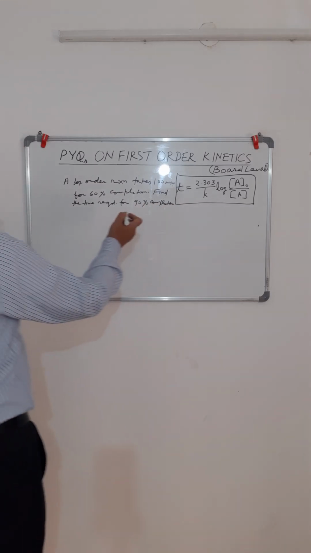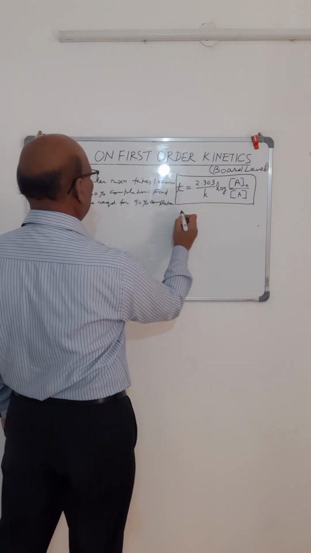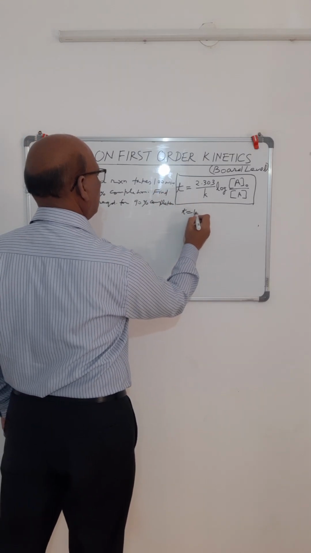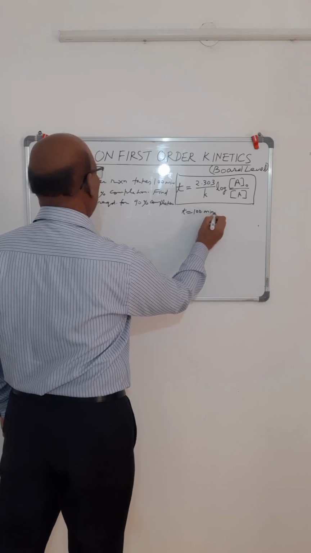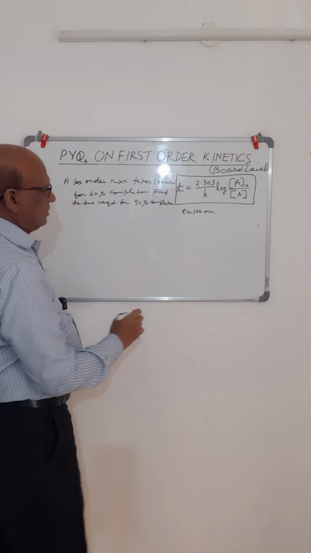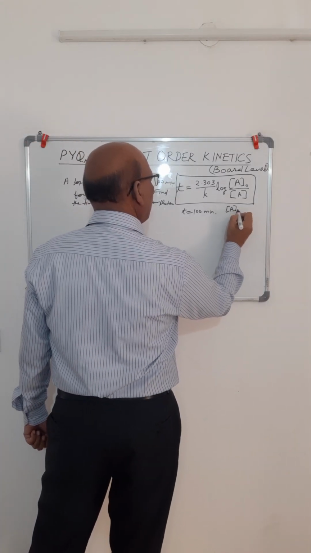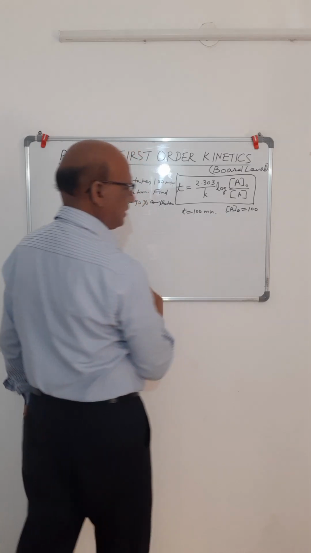So how you will solve this type of questions? We will write the given data. The time is 100 minutes for 60% completion. What do you mean by 60% completion? Suppose the initial concentration A naught was 100 moles per liter.